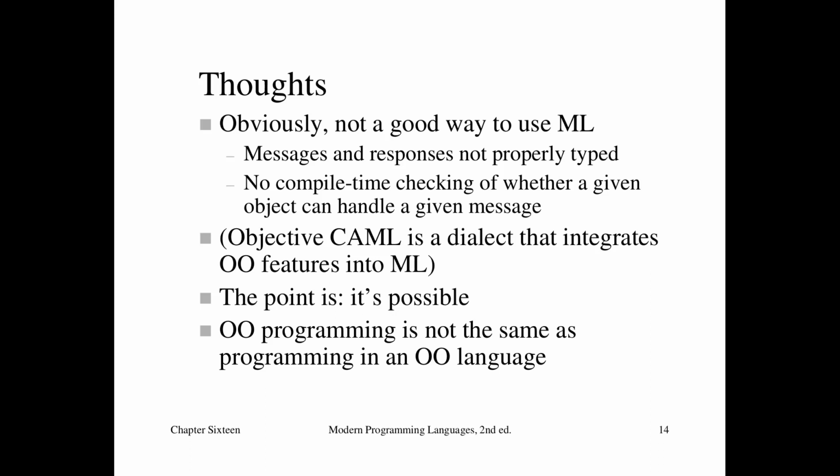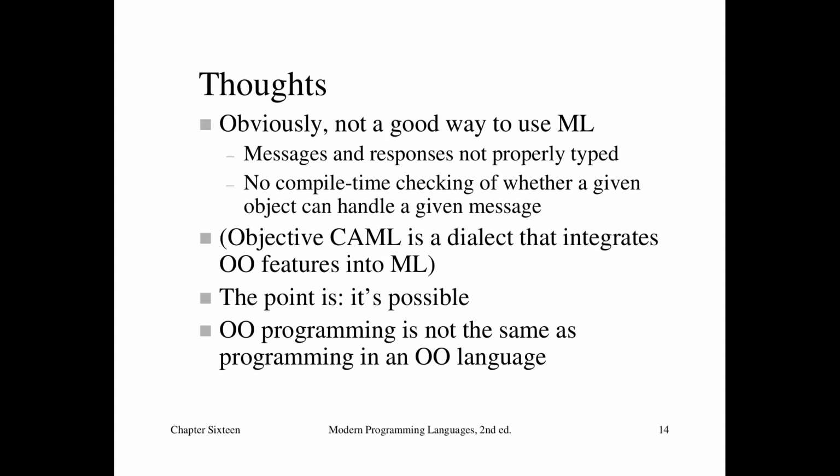We lose our capability for compile time checking for whether or not a given object can actually handle a message. So we don't have the usual benefits of ML, nor the full benefits of what we normally consider to be a part of object-oriented programming. In essence, we've kind of broken the concepts, both the typical things that we normally see in ML.